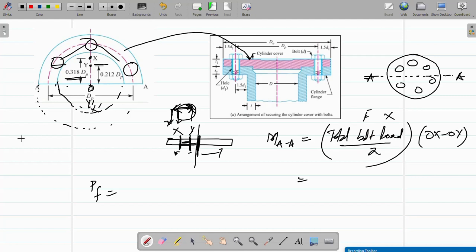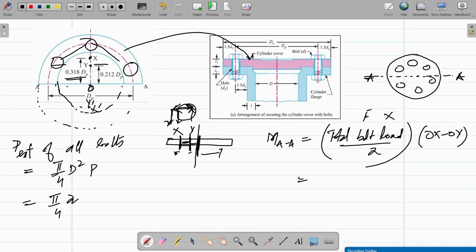So this total bolt load is the total P external on all bolts, which is pi by 4 d square into pressure. I hope you understood that point. The total bolt load is the pressure applied on all the bolts, and that is equal to pi by 4, d is 200 square, and pressure is 1.5 Newton per millimeter square.